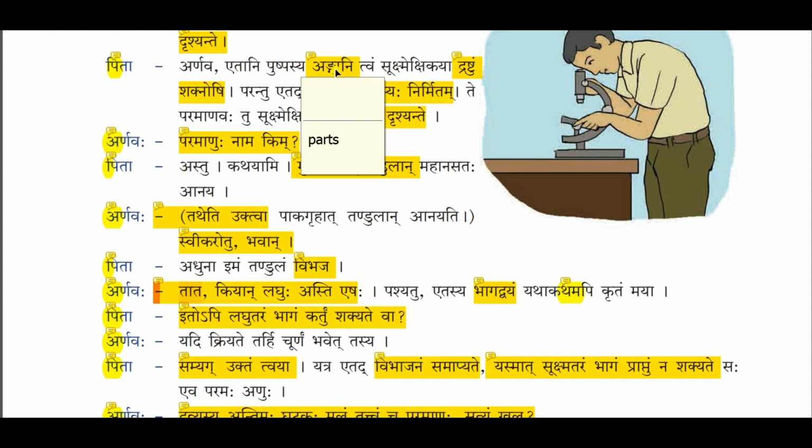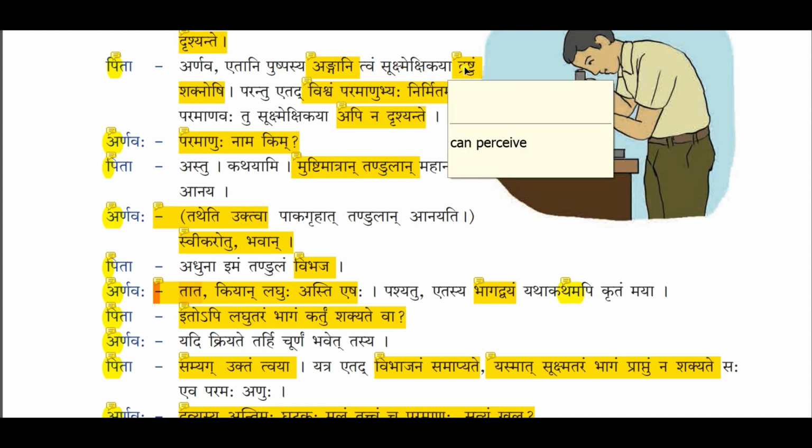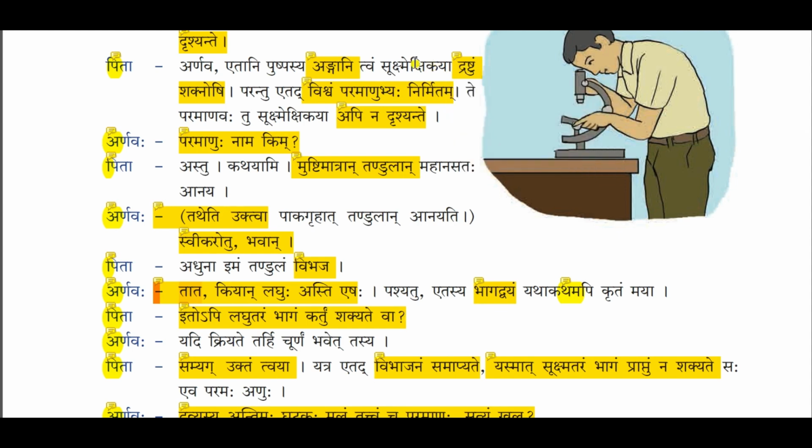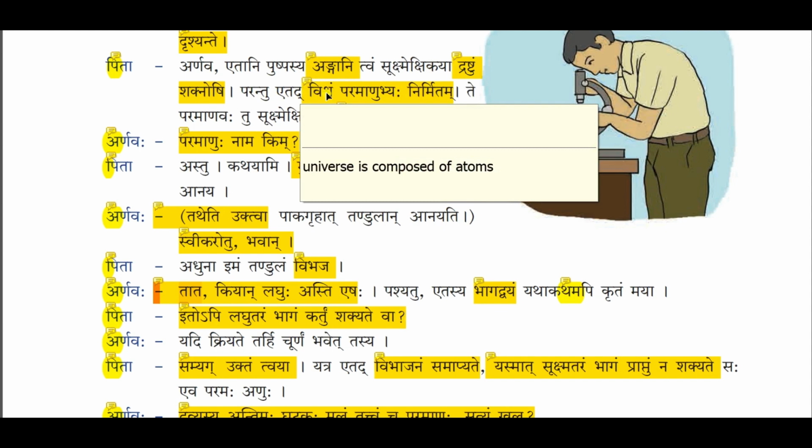Tum, you, sukshmekshikaya, through microscope, drashtum means can perceive, shaknosi means can you see, can you observe. So Arnav, you can observe these parts of the flower through microscope. Parantu, but etad vishwam, etad means this, vishwam is universe, parmanubhya nirmitam.